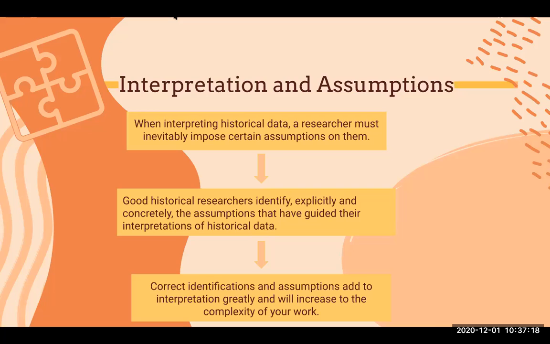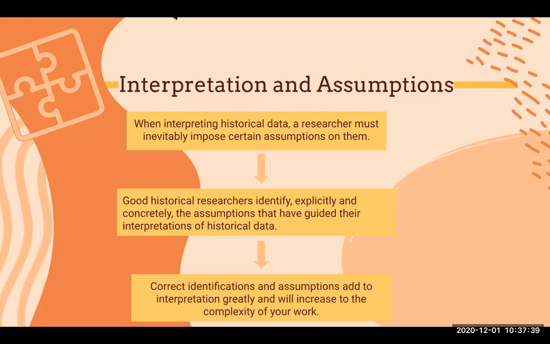Okay, so moving on to interpretation and assumptions. Interpretation and assumptions are both really big parts of examining and drawing meaning from a certain piece. When interpreting historical data, a researcher must inevitably impose certain assumptions on them.